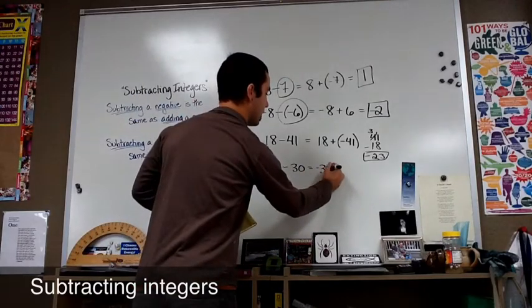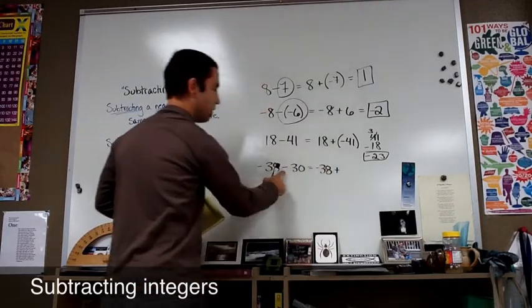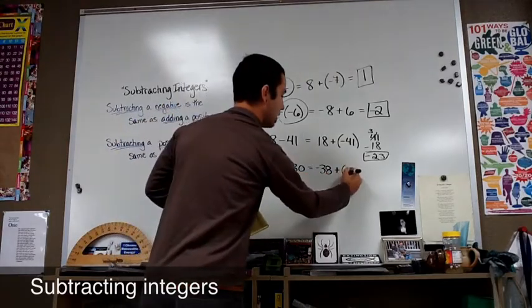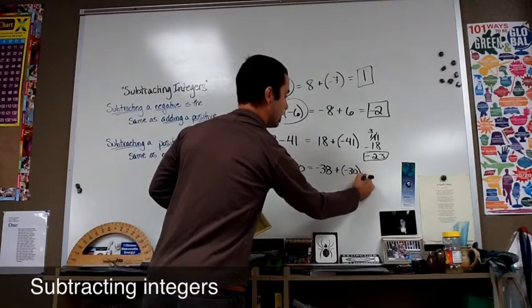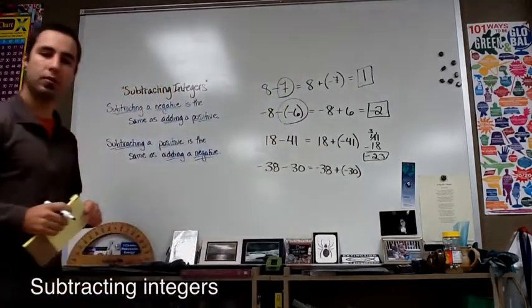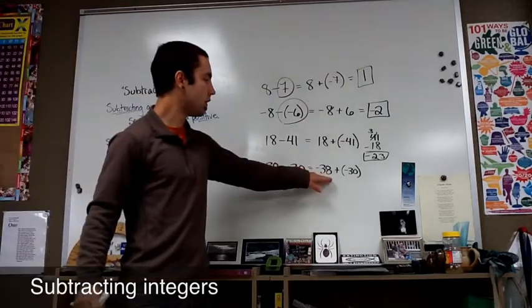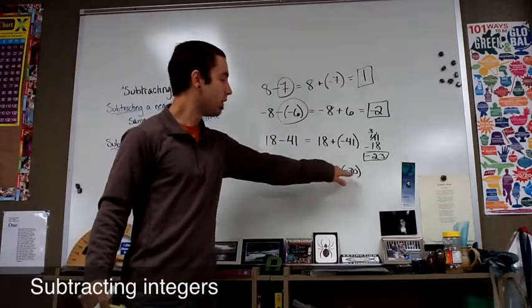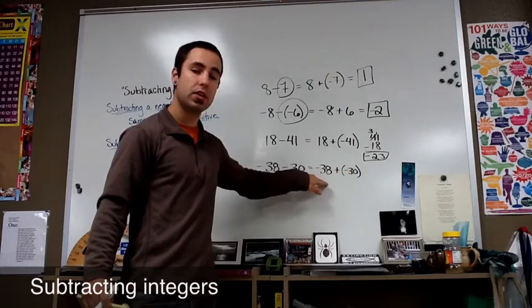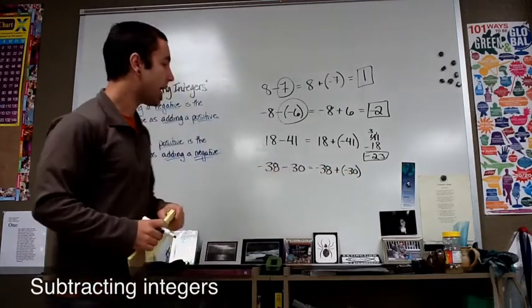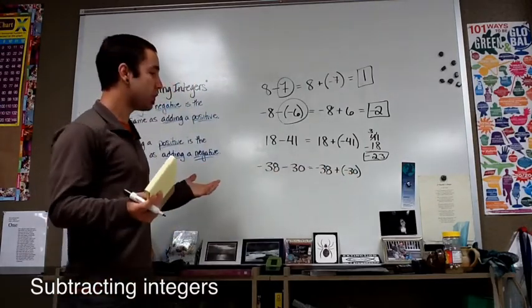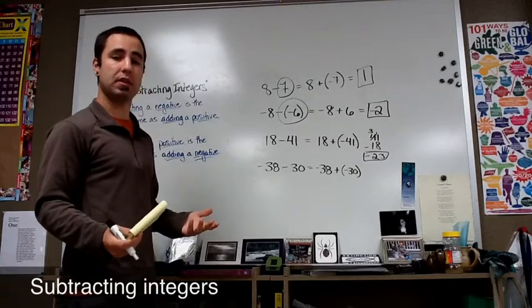So negative 38 plus, so opposite sign, negative 30. And look at that. It's very clear to see that I'm now adding same sign integers. Something that we talked about that's actually quite easy to work with. Even though they're negative, it's add normal, keep the sign.